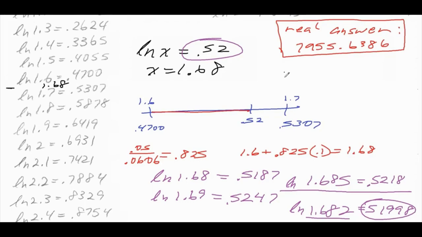So let's try that. That would give us 4,729.6609. So that was x, and we figured out that our x, the best we can figure, is 1.682. When we do that multiplication, we get 7955.